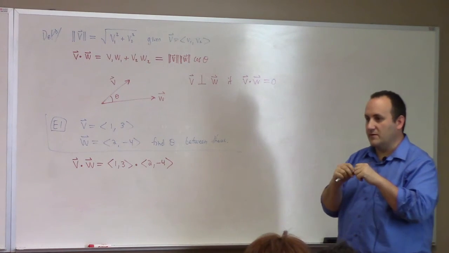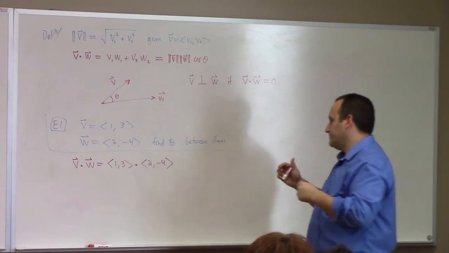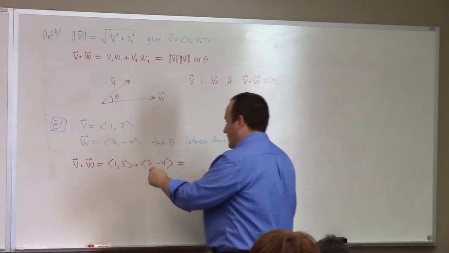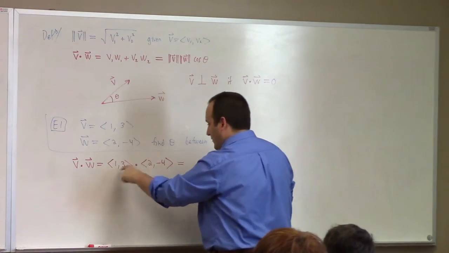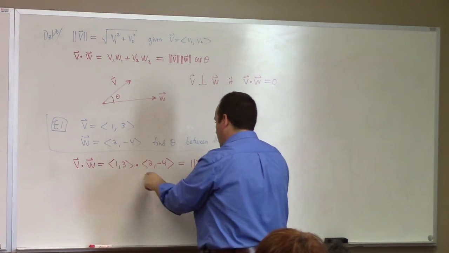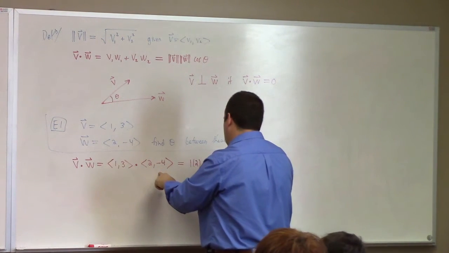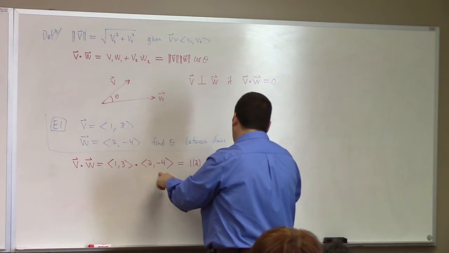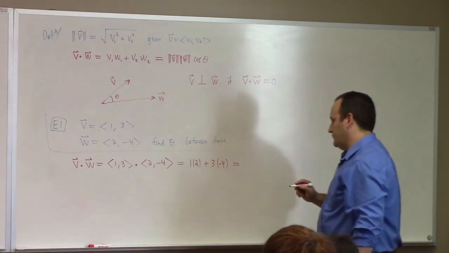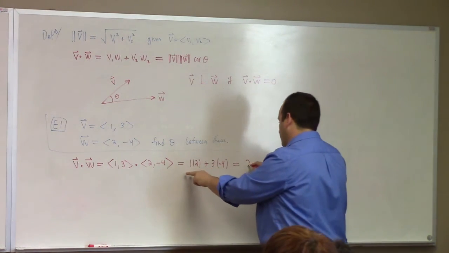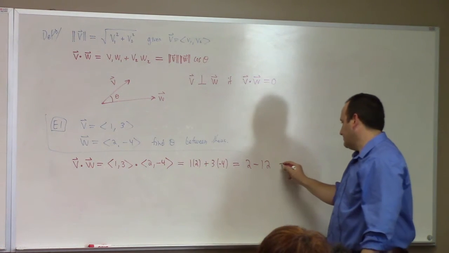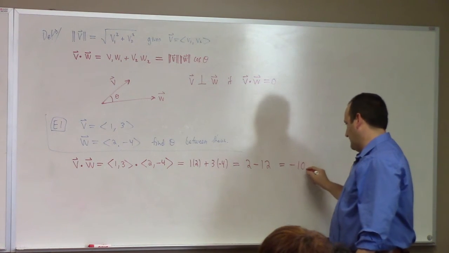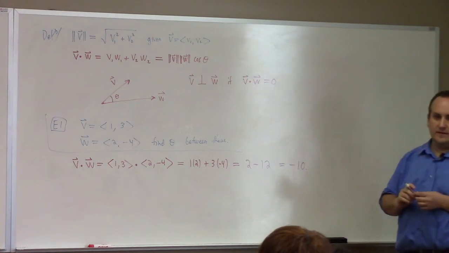So the way it works is you multiply x components, so 1 times 2, and then you multiply y components and add them, 3 times minus 4. So this is 2 minus 12. So the dot product here is minus 10.